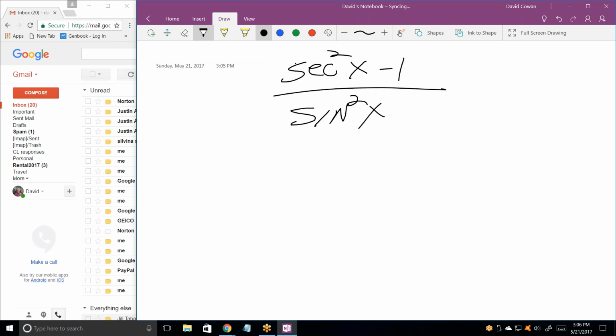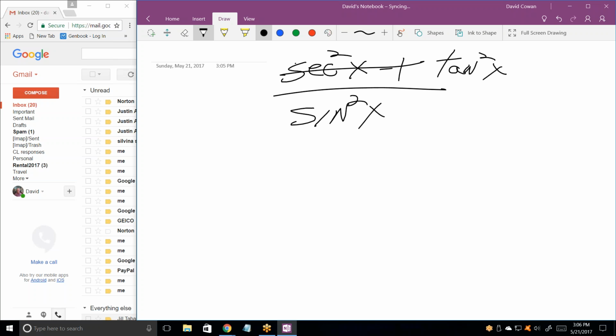Well, the first thing I'm inclined to do is put secant in terms of cosine. I was thinking that too, but is there an identity that has secant squared of x minus 1? No, there might be, but I don't think so. The identity is tan squared of x plus 1 equals secant squared of x. Ah, you actually hit on it. So that can become tan squared of x?